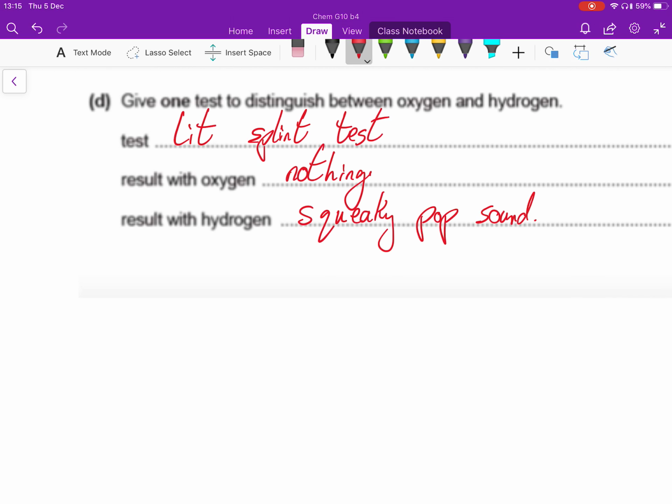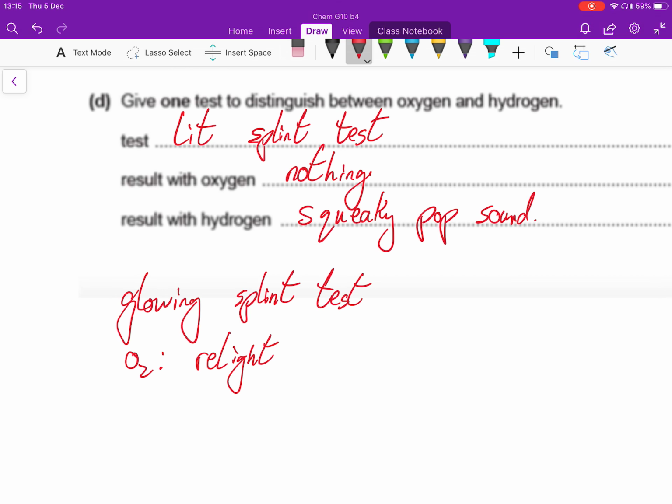Now the other test that you could have done is the glowing splint. And a glowing splint for O2 is going to relight, and for hydrogen, nothing will happen. A glowing splint isn't going to make a pop sound because there's no flame there.